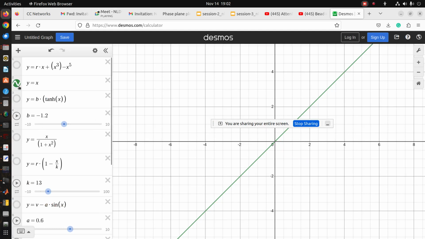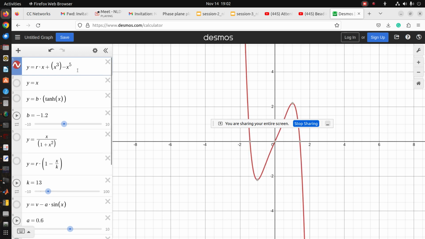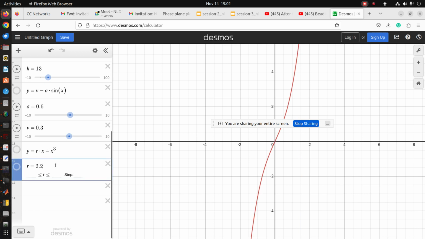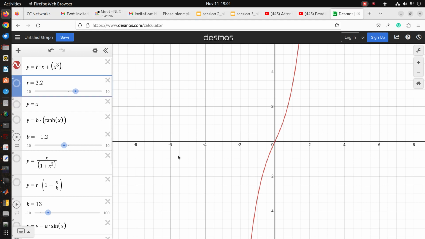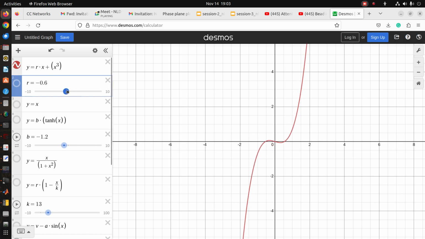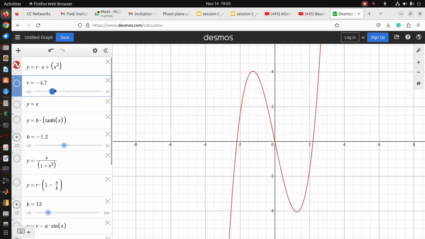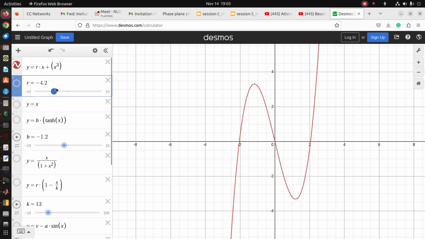So in a practical system like this, now in the system when you have Rx plus x cube, if your value of parameter R is less than 0, you will see that your system has three fixed points.